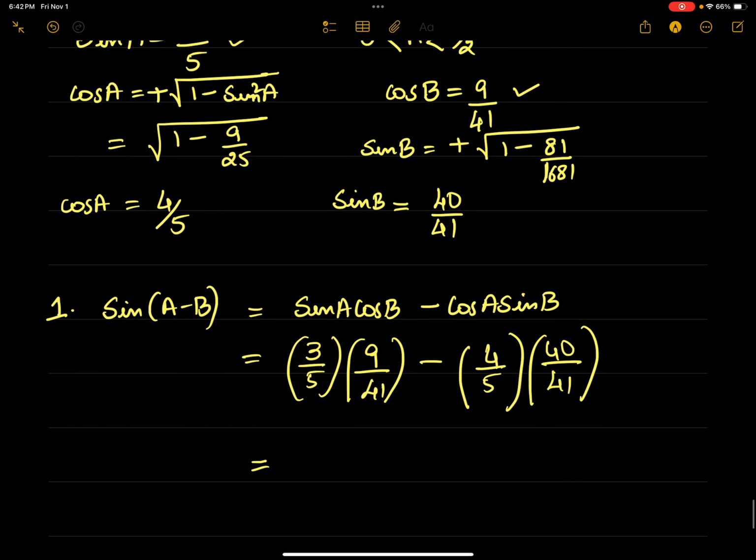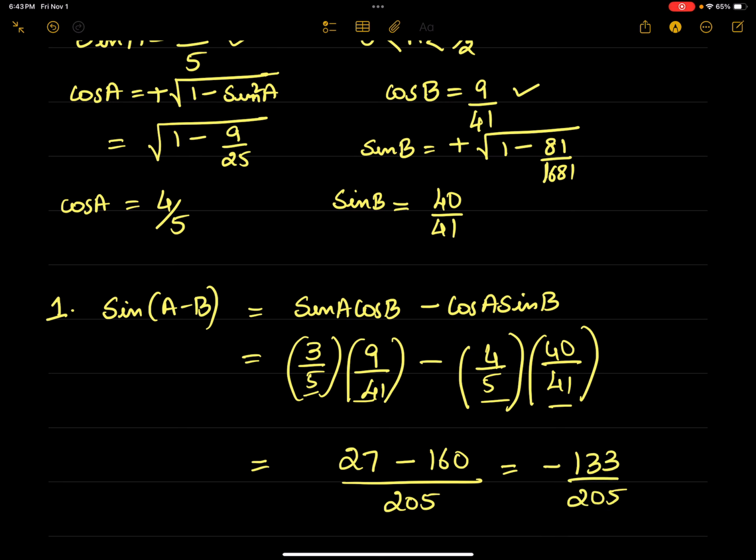Now if we solve this, we have a common denominator, so we would get 9 times 3, 27, minus 160, divided by 205. So this will be minus 133 by 205. So sine of A minus B is minus 133 by 205.